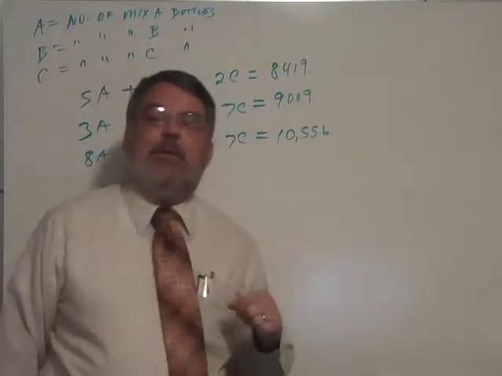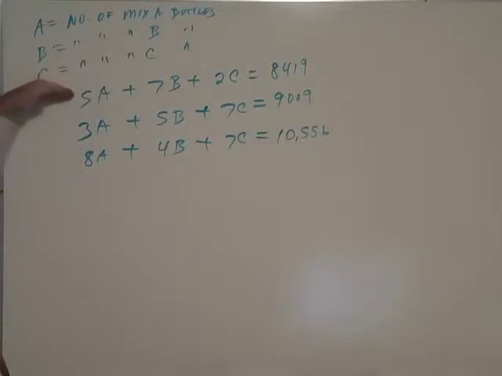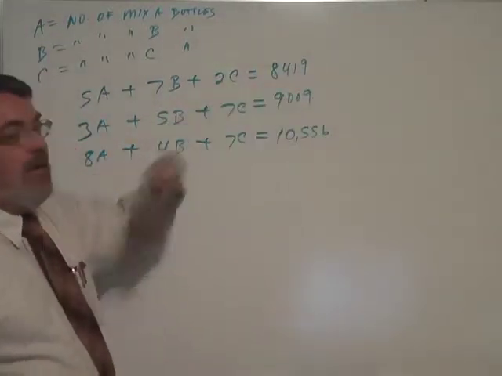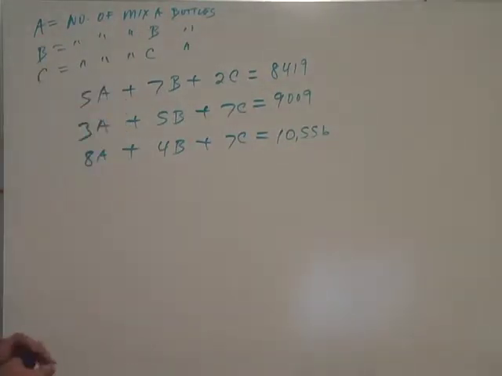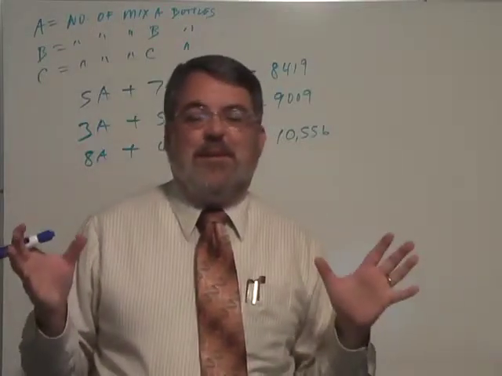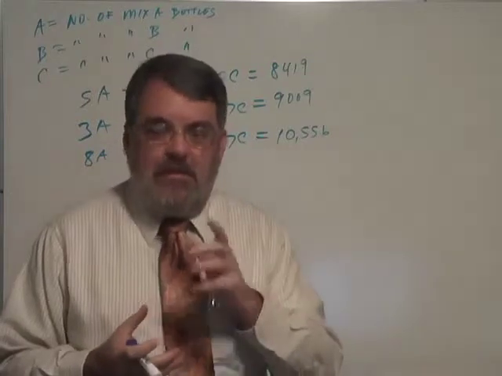So you see I copied the three equations down that we need to solve. This one came from the total amount of apple juice that was on hand, this one from the total amount of orange juice, and pineapple juice was the last equation. Now I realize I'm taking a little bit of a risk here, putting a problem with such large numbers in it. I don't want you to be intimidated by that.